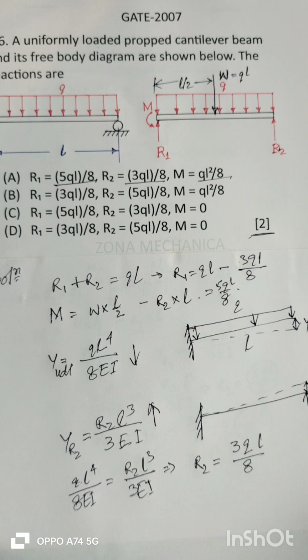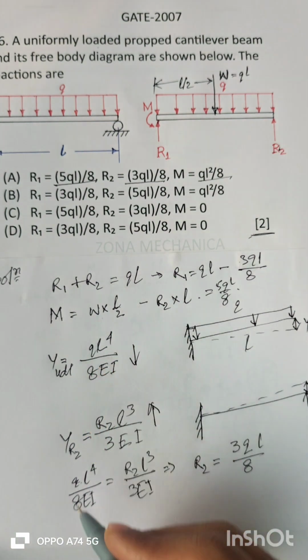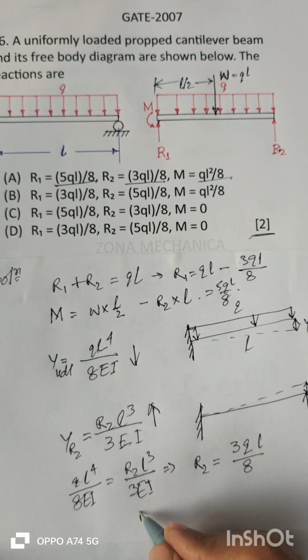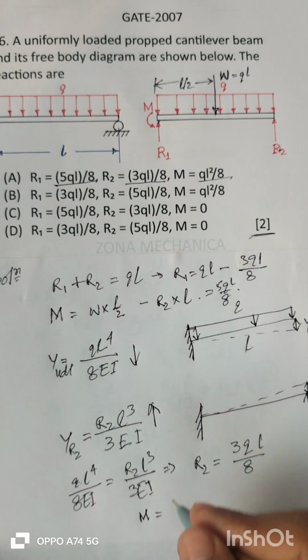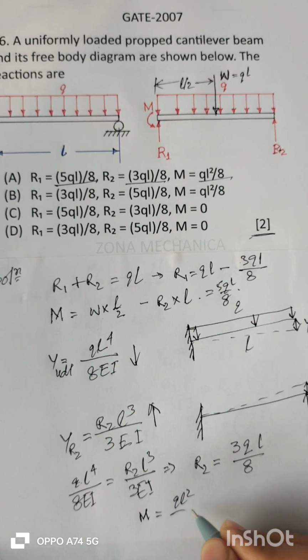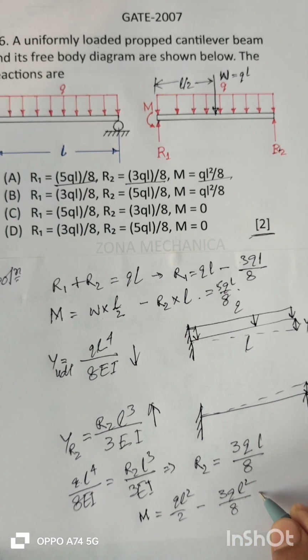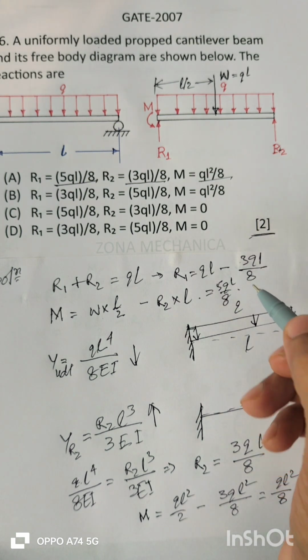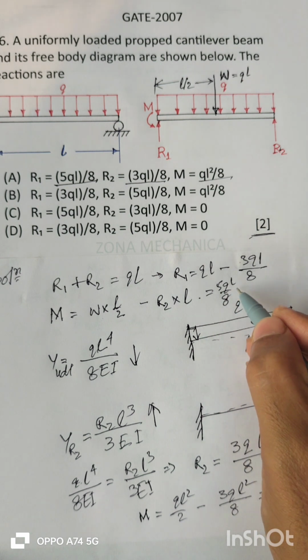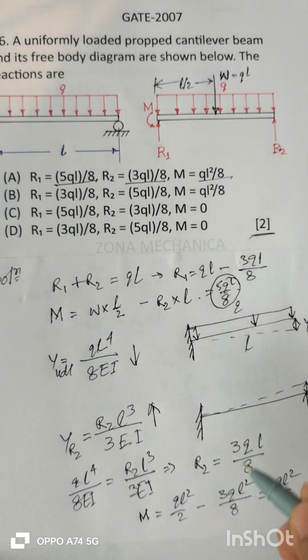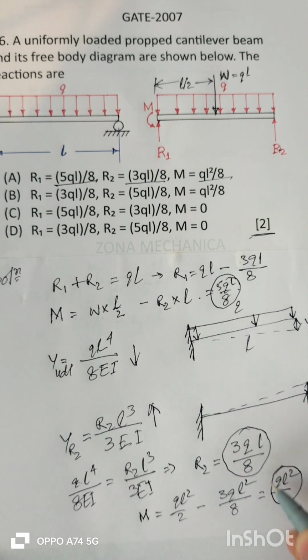And M will be, W is QL, that is QL square by 2, minus R2, that is 3QL into L, so 3QL square by 8. So this will be equal to QL square by 8. So R1 is equal to 5QL by 8, R2 is equal to 3QL by 8, and M is equal to QL square by 8.